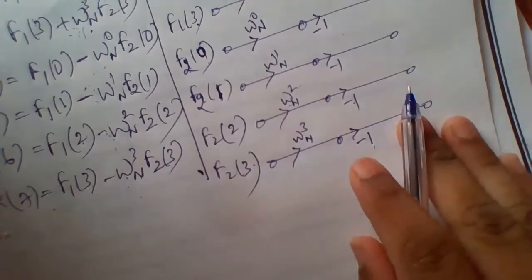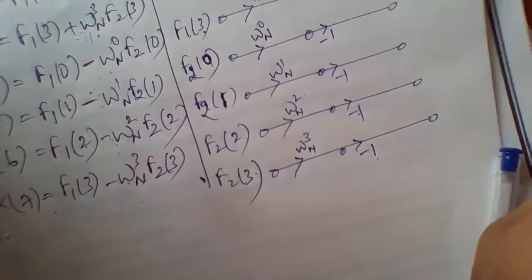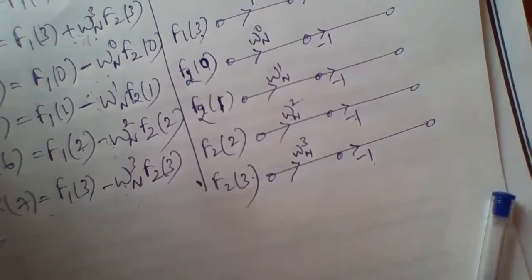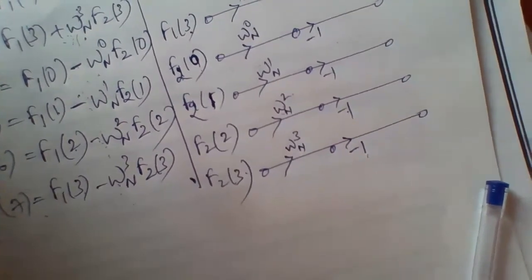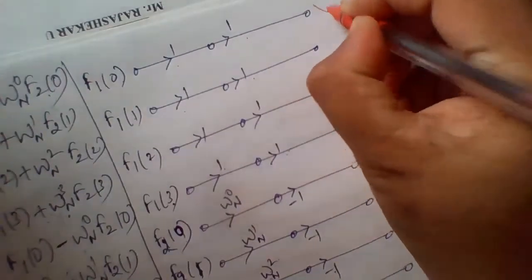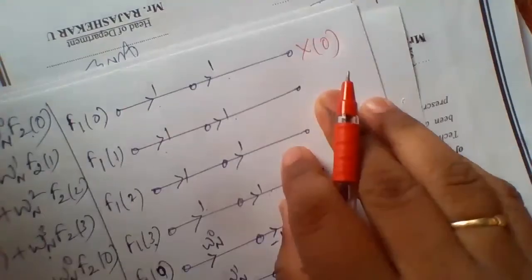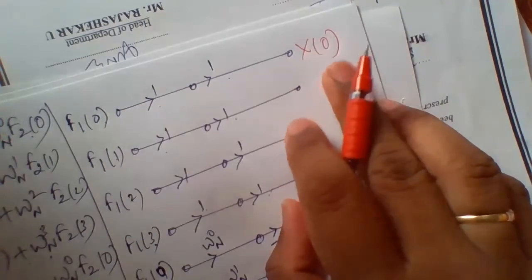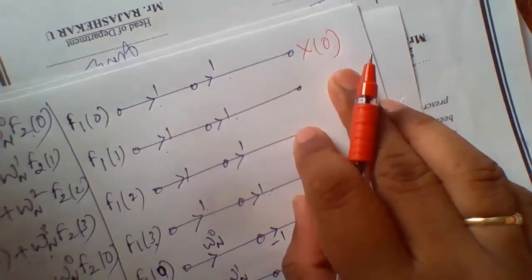Once this marking is over, you can join the corresponding signals. First we are going to generate x of 0. What is this x of 0?